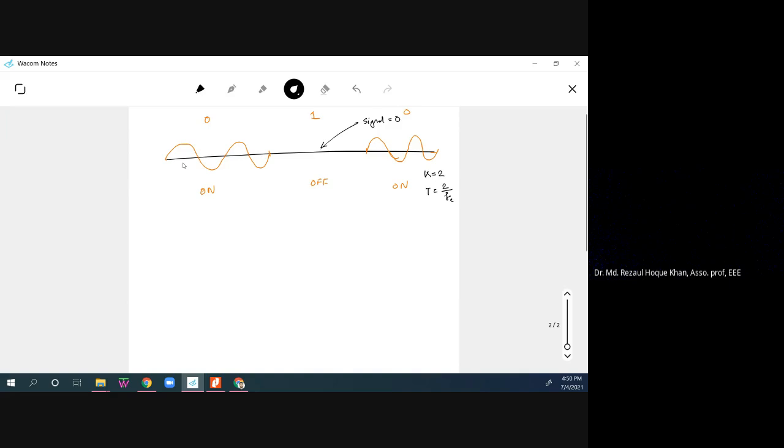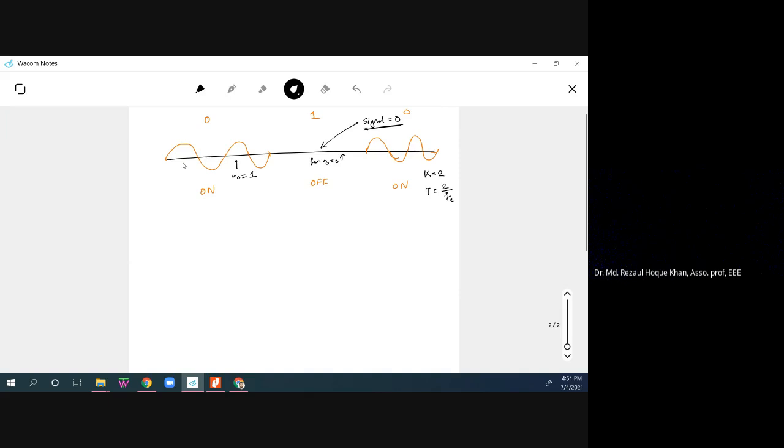Okay, so this corresponds to amplitude a0. For signal 0 means actually it corresponds to signal a0 is 0, for example. For a0 equal to 0, this one, and these are a0 equal to 1.